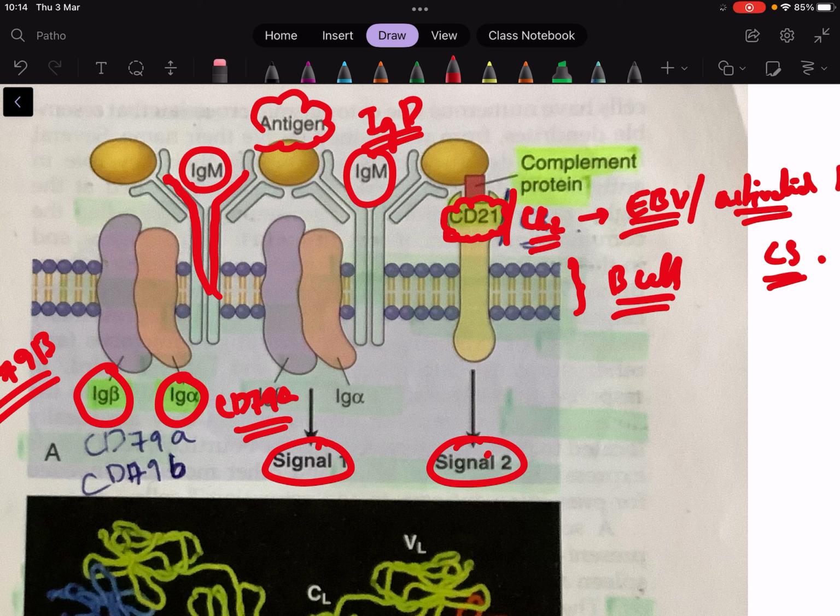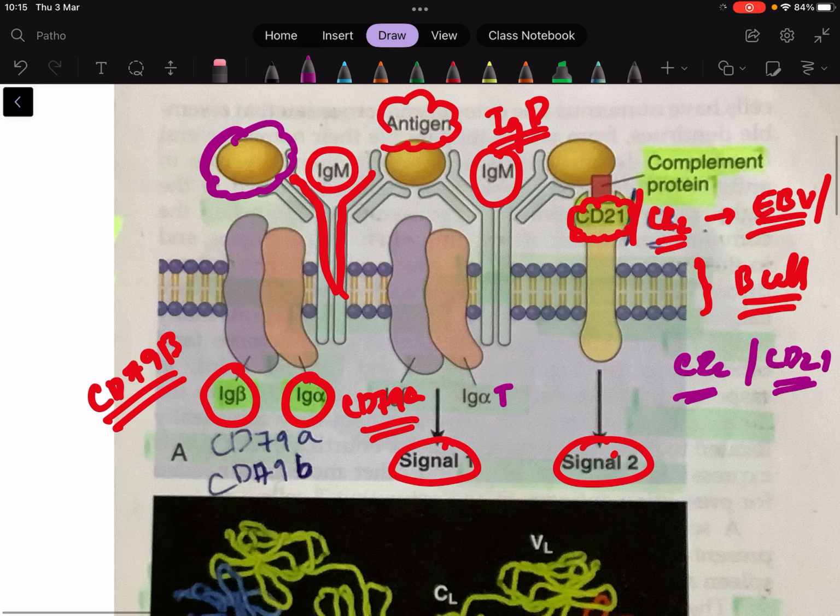When an antigen comes and binds with the IgM or IgD receptors, it will produce a transduction signal through CD79A and CD79B, and a signal 2 is also important for transduction, which is produced by complement receptor type 2 or CD21.